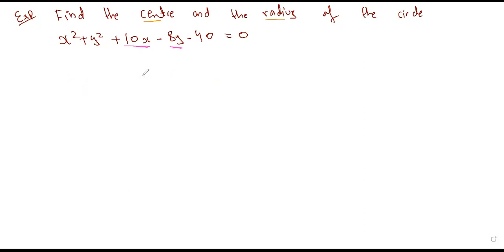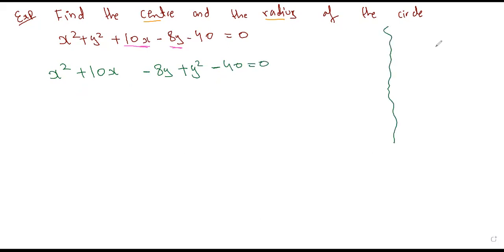Yes. Okay. All right. So let's write down the x terms. X square plus 10x minus 8y plus y square minus 40 equals 0. Let's write down our end goal.